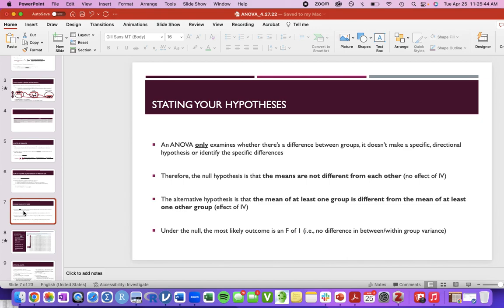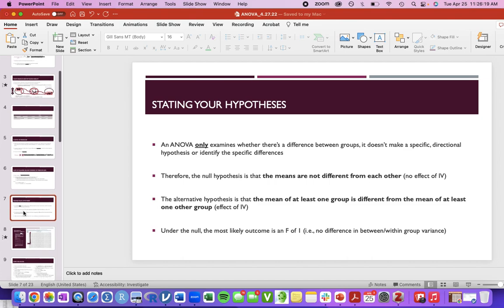In order to find where that difference is, we do something else, which I'll explain later on. So the null hypothesis for ANOVAs is that the means are not different from each other. And the research or alternative hypothesis is that the mean of at least one group is different from the mean of at least another group. Under the null, the most likely outcome of F is 1, which means there is no difference between or within the group variance. That means that our fraction would be 1 over 1.